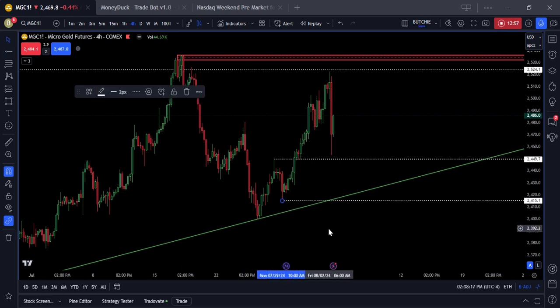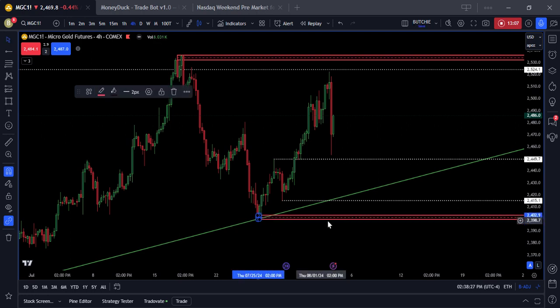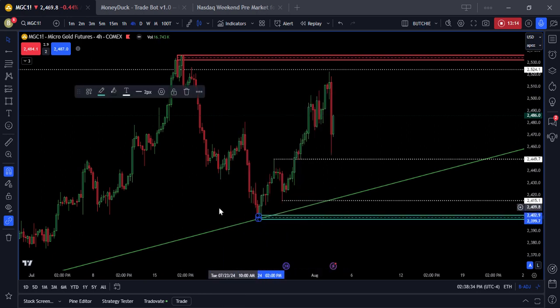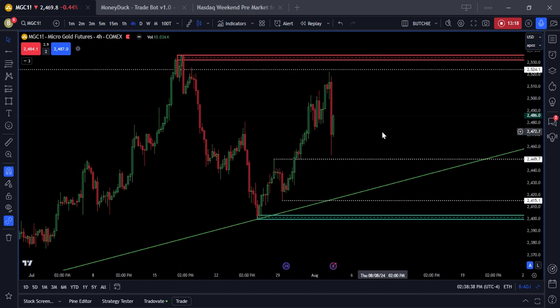Those aren't my ultimate target. That's not where we're expecting the swings to go. But I will key those in, and then ultimately we'll come in with our zone tool, draw that, and color that one as our buy zone. Okay, so now we have a good target above us and a good target below us on the 4-hour time frame.